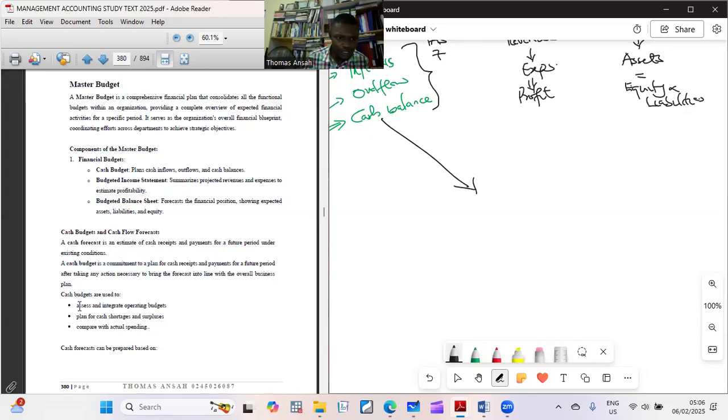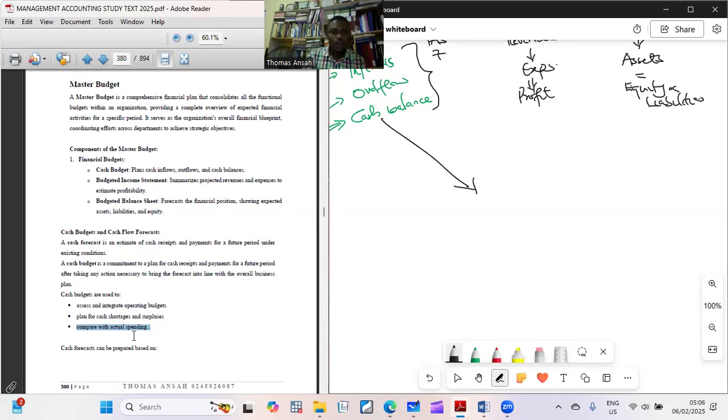We use the cash budget to integrate the operating or functional budgets, to assess how much it's going to be, so that we can plan for cash shortages and know if we have cash surpluses, and later compare with our actual spending and actual inflow.